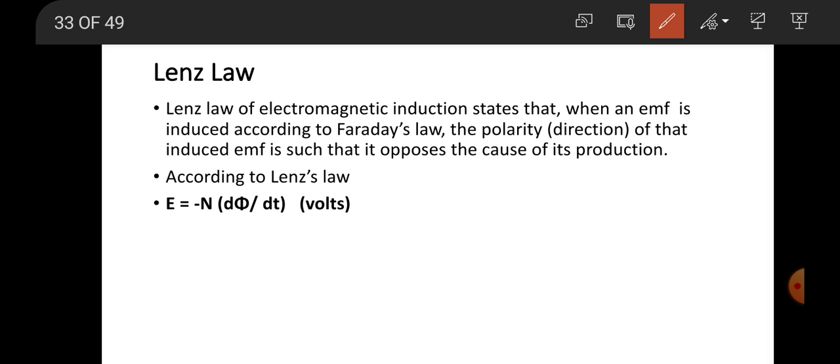So according to Lenz's law, the EMF is negative: EMF equals minus N d phi over dt. They all talk about the same thing. Lenz's law is actually concerned with the direction of the induced current.